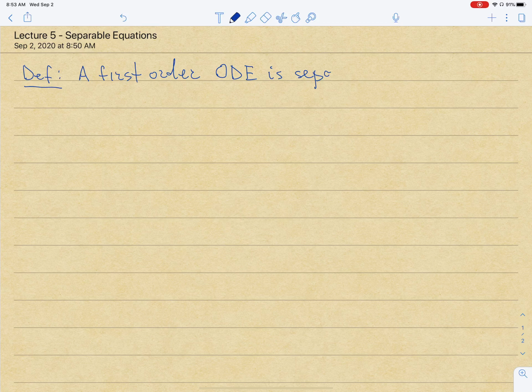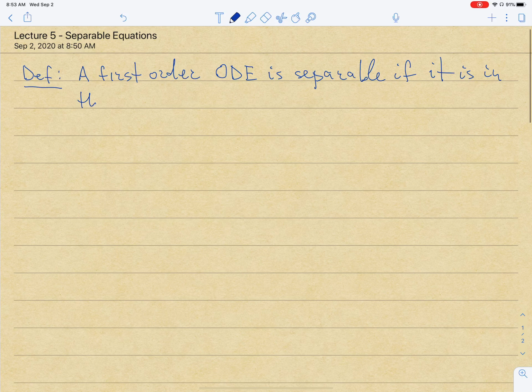If we can write it in the form y prime is equal to f of x times g of y. That is, I want to be able to write the right-hand side of the equation not as a function of x and y, but as a product of two functions, f of x and g of y.